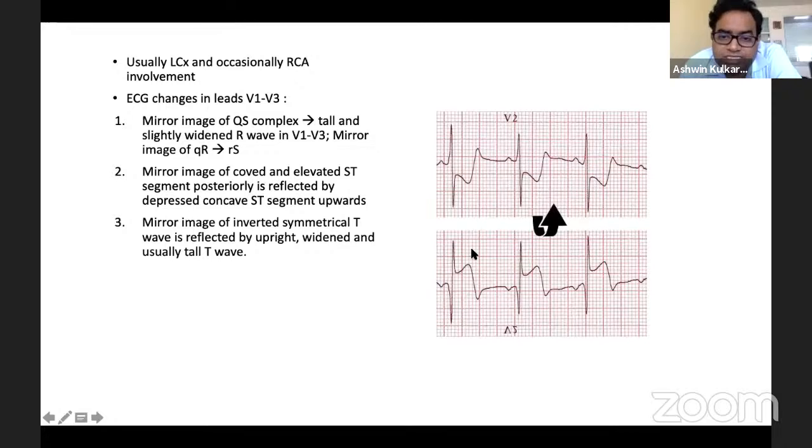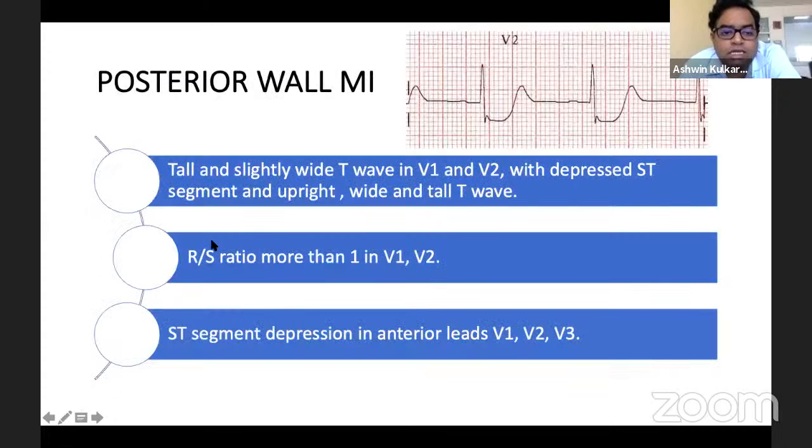If you see this in the mirror image, this looks like a typical MI with deep Q waves, ST segment elevation and a T wave inversion. So this mirror image concept you should know, and you should know these 3 points to diagnose posterior wall MI. Most important is suspecting posterior wall MI, because most of the people will miss it.